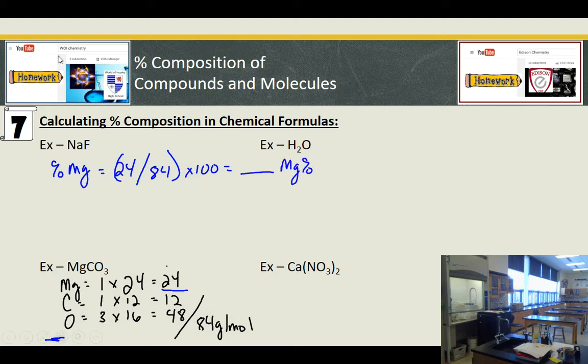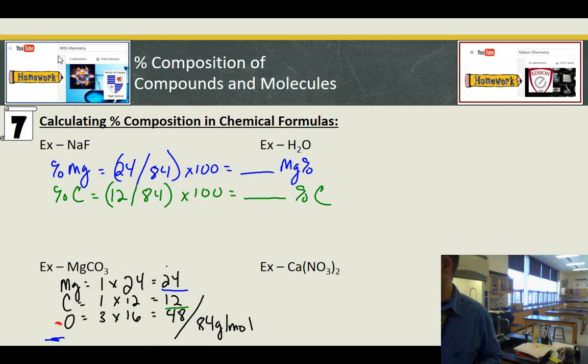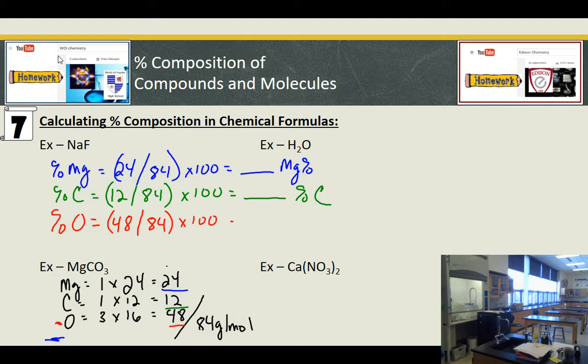Okay, so percent carbon is now 12 divided by 84 times 100 equals my percent carbon. And then oxygen down here is going to be 48. You can see oxygen is the biggest percentage. It's got the most mass, times 100 equals some number, which is my percent oxygen.